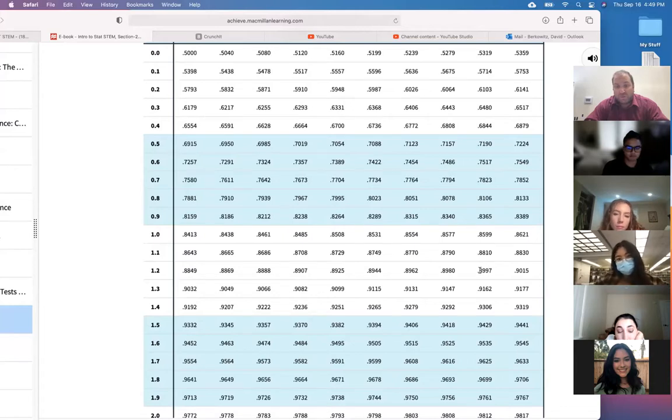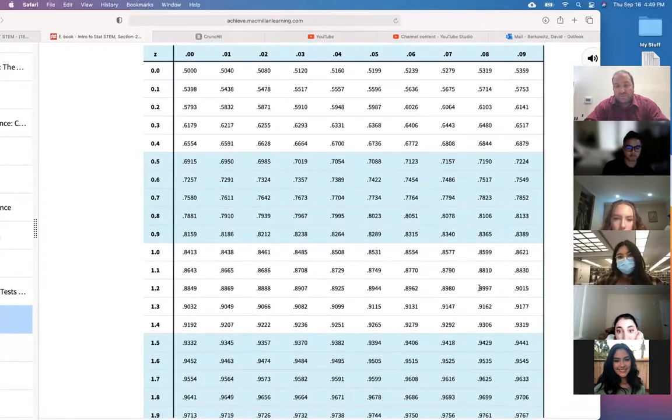Now this one has a z-score of what? What's the z-score of 0.8997? 1.28, right? And this one has a z-score of what? 1.29. So if I had to guess, I'd pick 1.281, maybe 1.282.